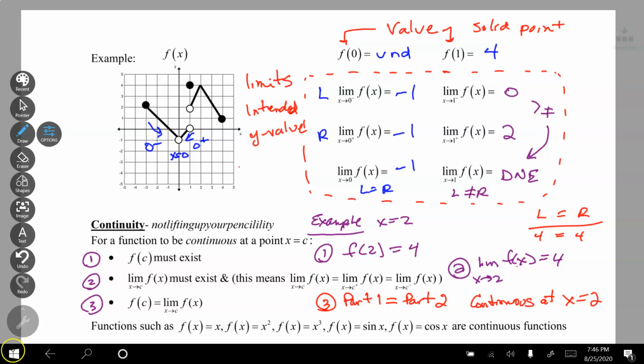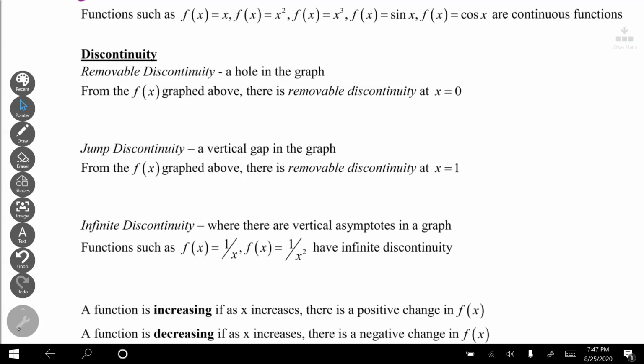There's no break there. Let's talk about different types of discontinuity. Obviously, this graph above that I can't see anymore is discontinuous, but there are different types. One is called removable discontinuity because there is a hole in the graph, just a hole. We had this many times. If you look at x equals 0, you had this type of graph. This is at x equals 0, okay?